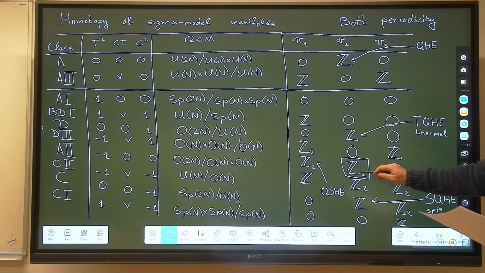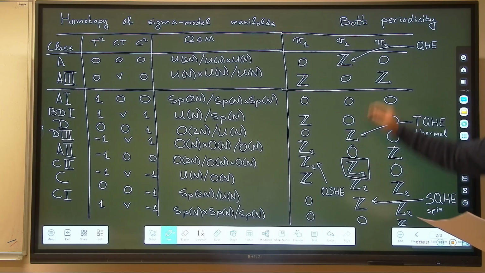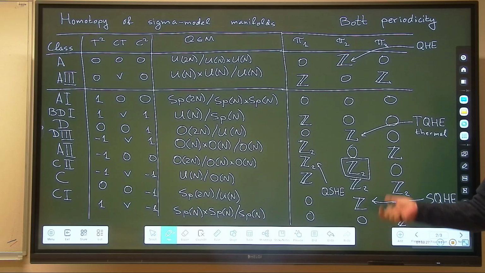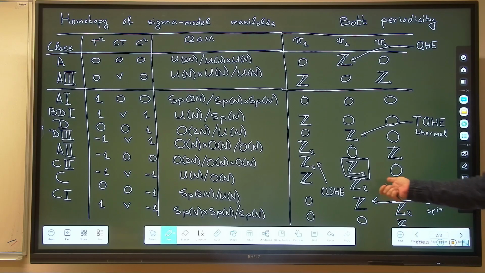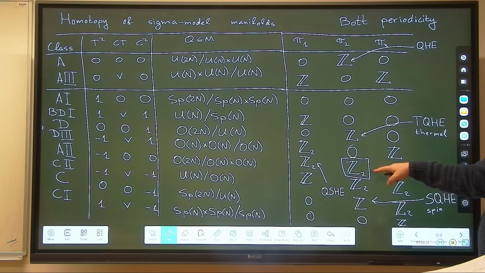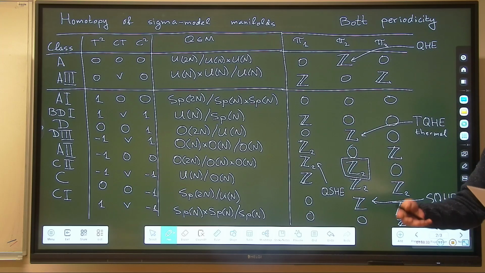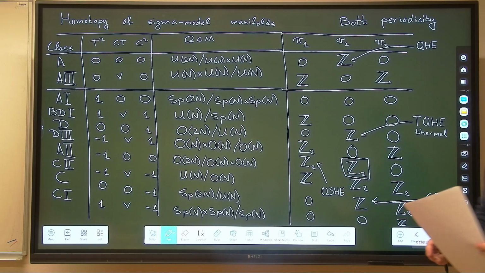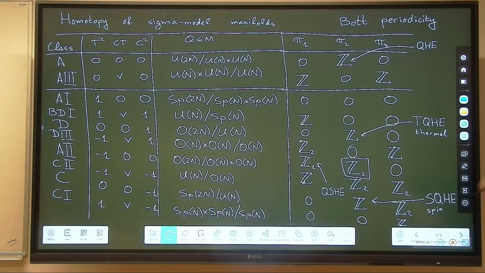So we also have Z2 here in pi 2, symplectic class, which means we can have a 3-dimensional Z2 topological insulator. And on the surface, we will have something delocalized. On a 2-dimensional surface, we will have something that cannot be localized. Sorry, let me finish, please. And this case is very well studied. It has experimental realization.